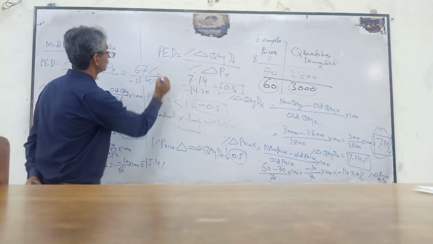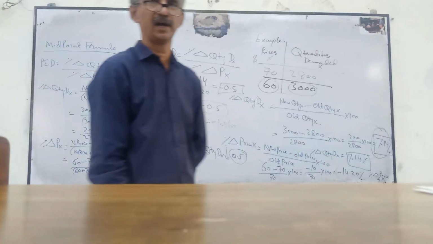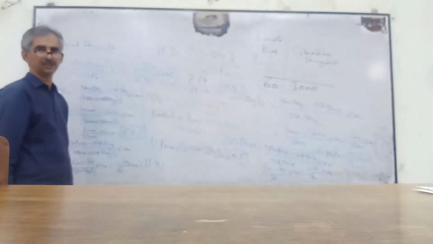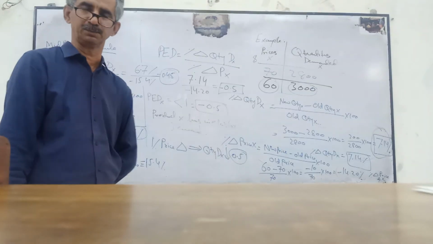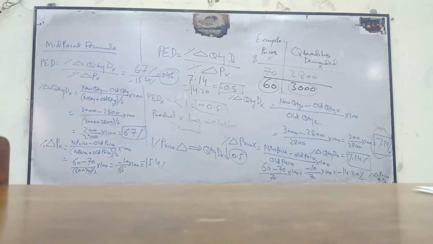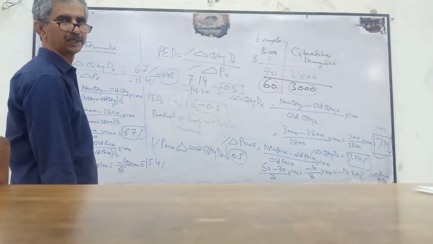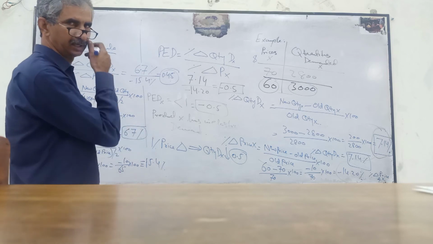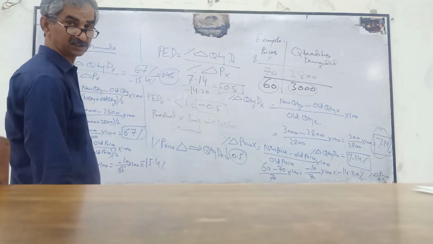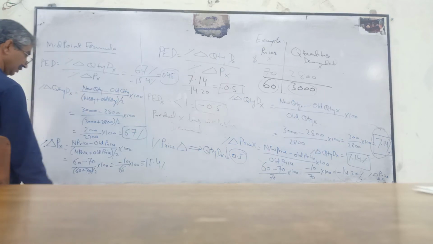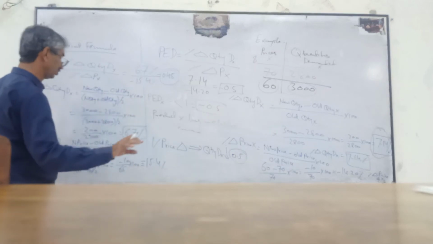The answer is almost 0.47, or 0.45. As I have already discussed, in the case of price elasticity of demand, always remove the minus sign, because we are only concerned with the change. Here we are not talking about the minus in the mathematical sense. These are just showing the changes.